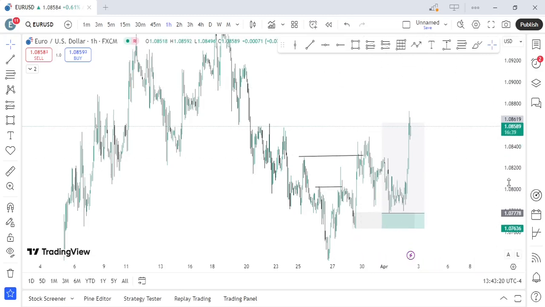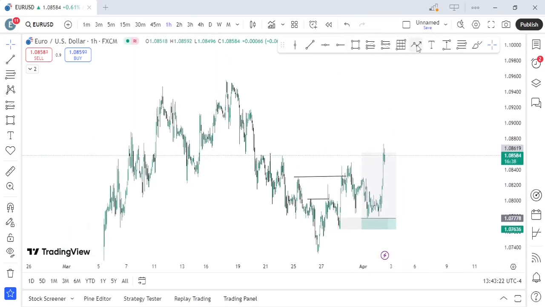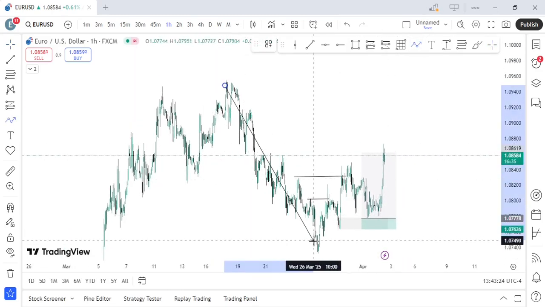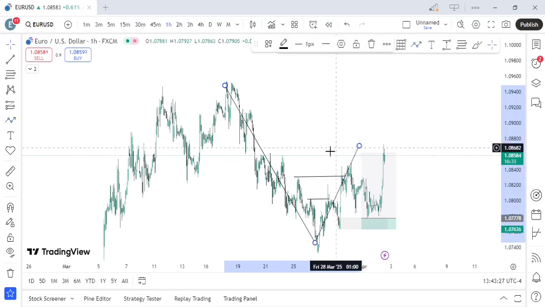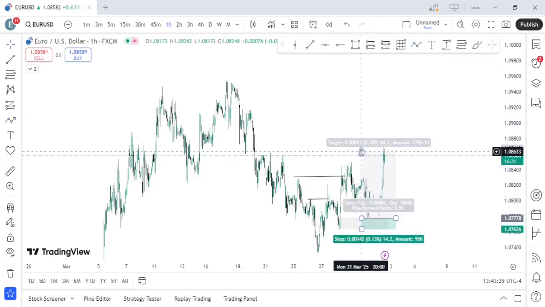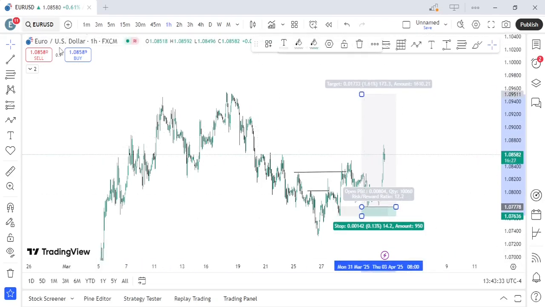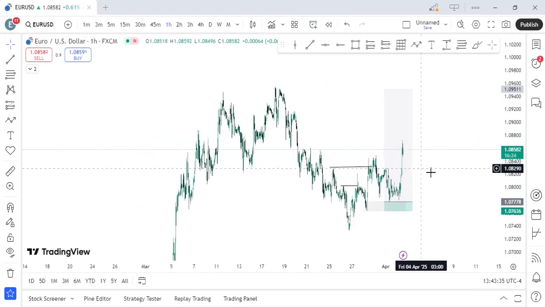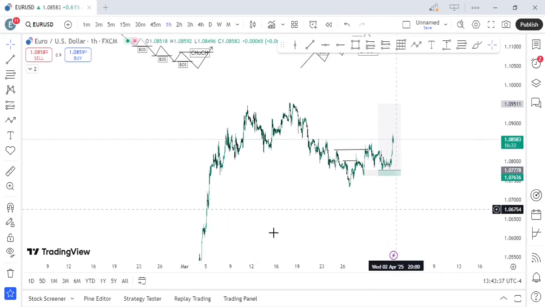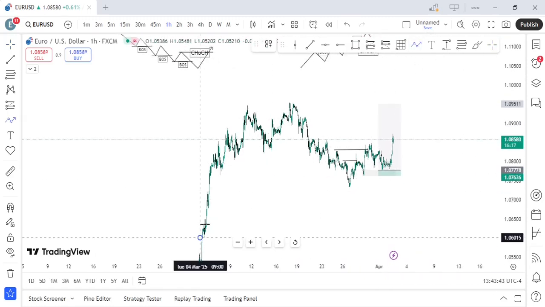But at the end of the day, if you look at the bigger perspective, you can see that price has been coming all the way down and currently price is on a bullish momentum. Now, if I were going to get into a trade, this would be my TP, because I know that currently euro is on a bullish momentum. As you can see on the macro level, price has been coming from this point right here.